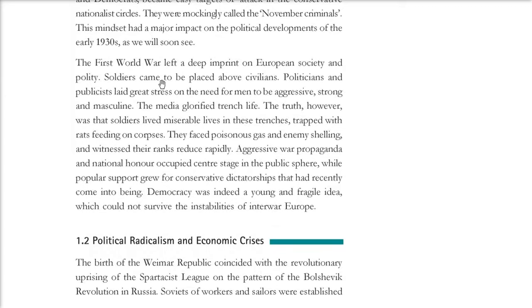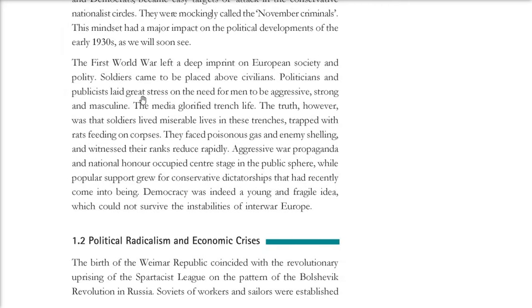So the First World War, as we said, left a deep imprint on European society and polity. All the soldiers were given a lot of importance now. Politicians and publicists laid great stress on the need for men to be aggressive, strong and masculine.